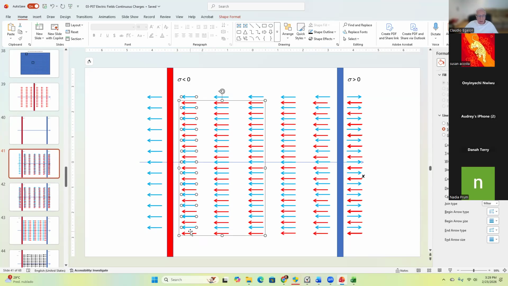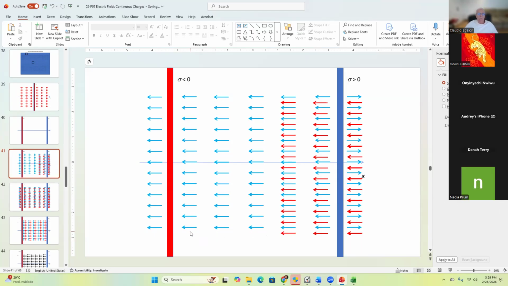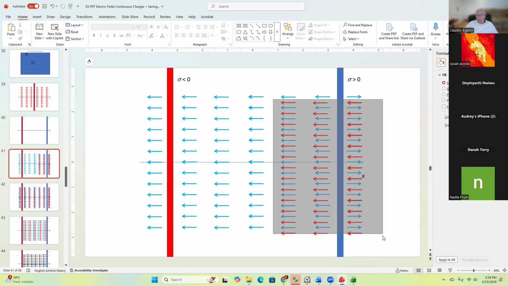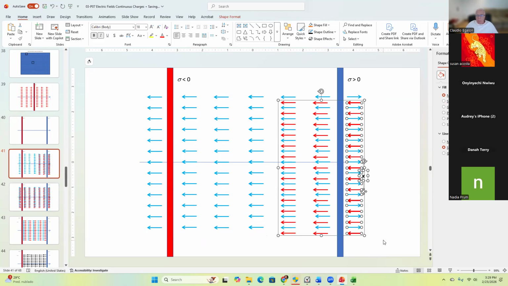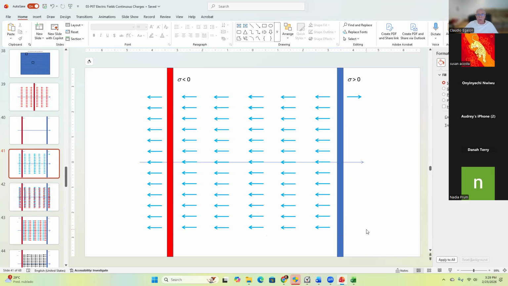Let's see how I can do that. Good, it worked the way I want. That's the contribution of the electric field of the positive charge distribution only.